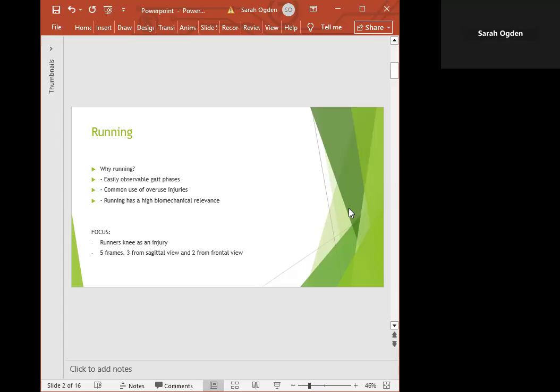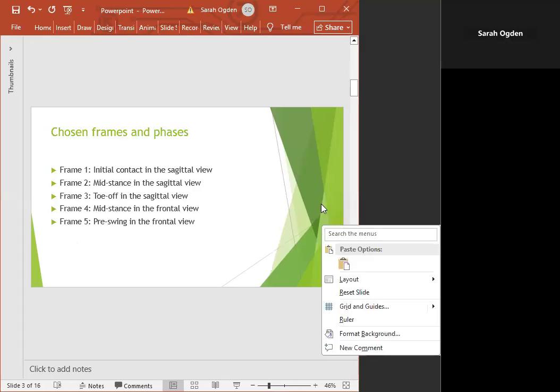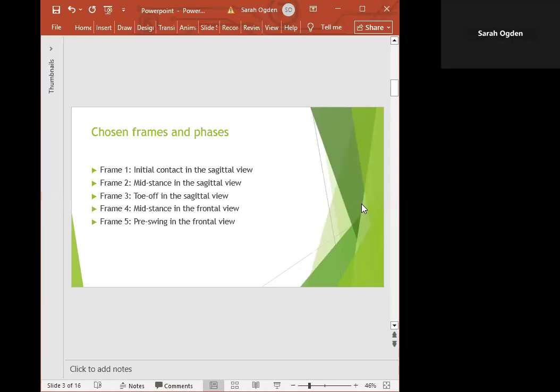These frames highlight the repetitive forces and mechanics that contribute to patellofemoral stress. So that's a description of the frames that I'm going to incorporate into this video analysis.